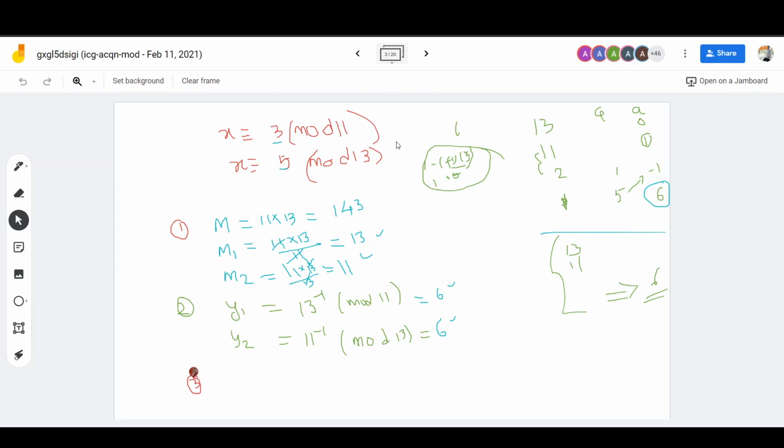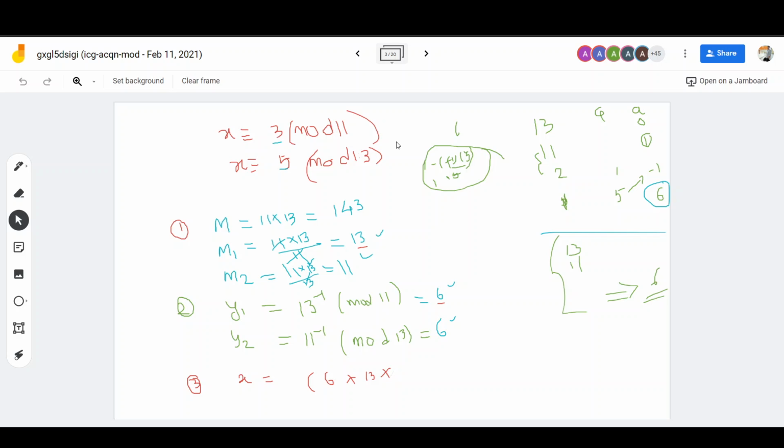So your x is equal to what I supposed to be, right? Here 3. Suppose I choose, okay, here 6. Here this is 6. This is 13. And this is 3, the first one.